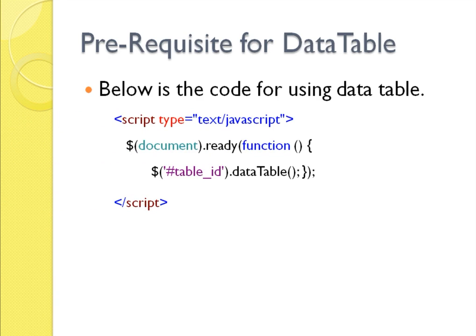This is the simple code required. In your script tag, you have to call the data table method by selecting your table. This is the table ID. Whatever table ID you have given, you have to mention it here using an ID selector. And in the document.ready event, you have to mention this. Everything should be enclosed in a script tag.